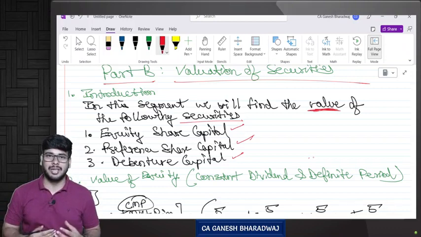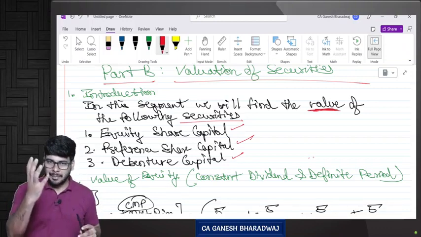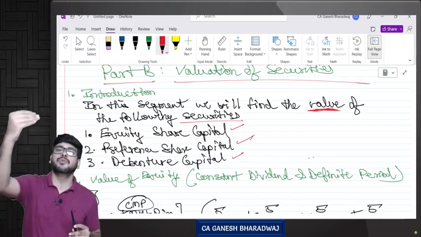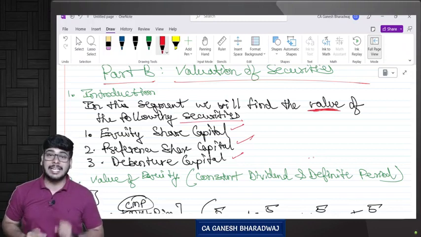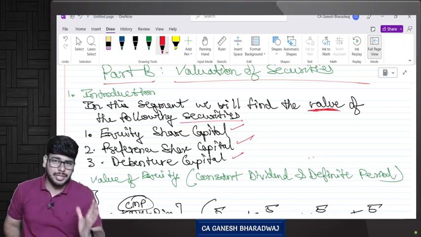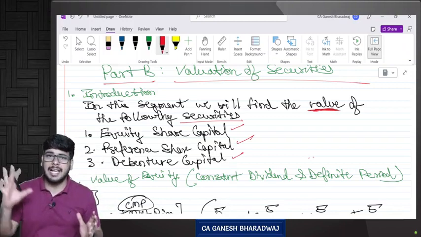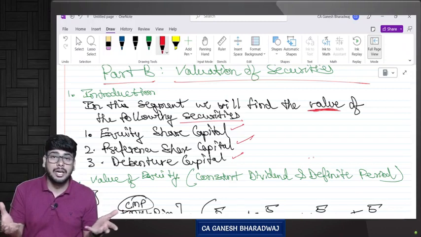Or in other words, the value of a particular asset is nothing but the present value of all the future cash inflows it is going to generate. Are you clear with this? That is why if you see company A, Infosys, and company B, let us take ITC, they both have different share values.